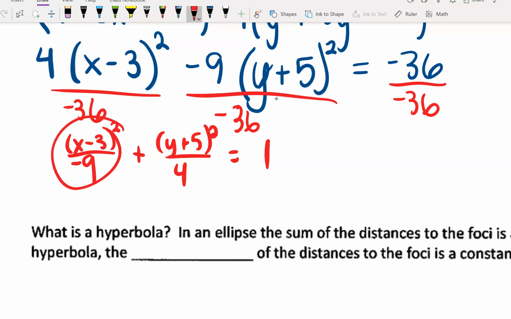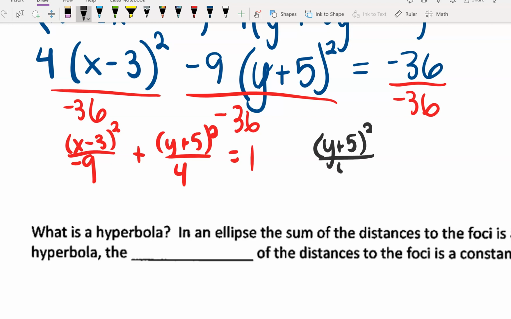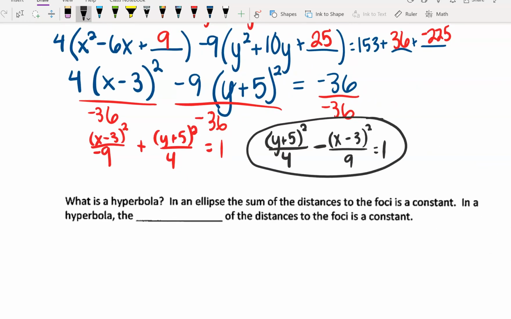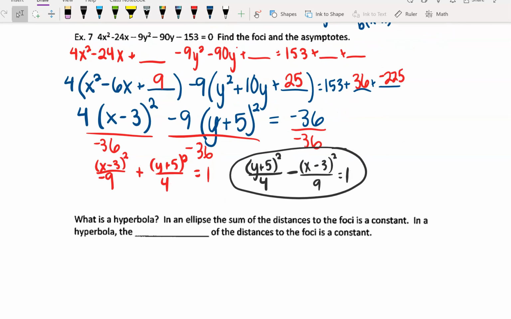So we're going to switch the order so that we have a subtraction problem. Oops. So the correct order is going to be the y's first. y plus 5 squared over 4 minus x minus 3 squared over 9 equals 1. And that is our correct equation. And then we will use that to find the foci and the asymptotes.